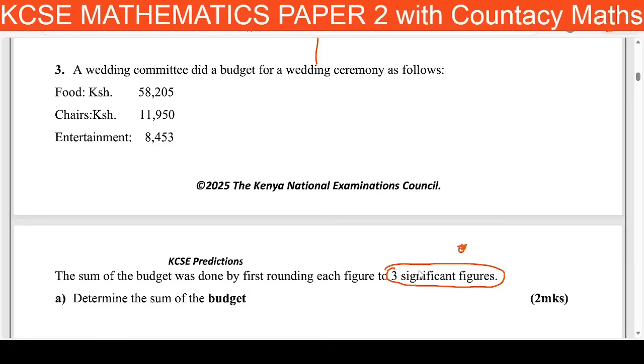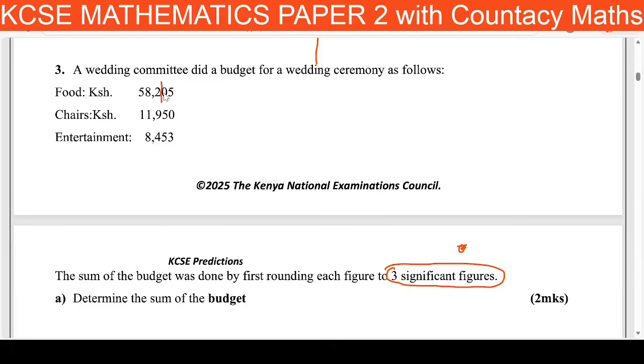The way that we find significant figures is that we start counting the figures from the left hand side as we move towards the right hand side. Therefore, we go to the first number, second number, third number, and this is where we place a line. And then we check whether the number that comes immediately after the line is 5 or more.